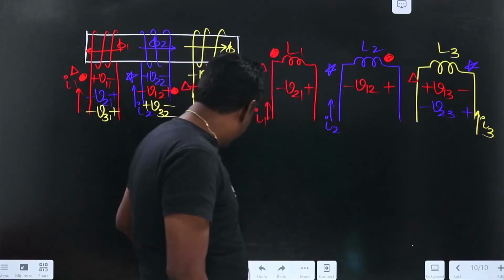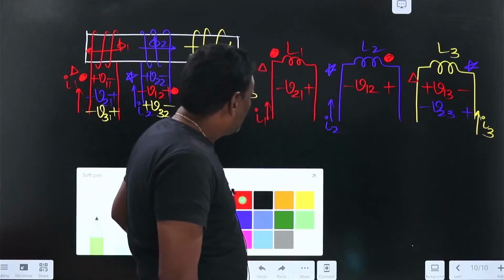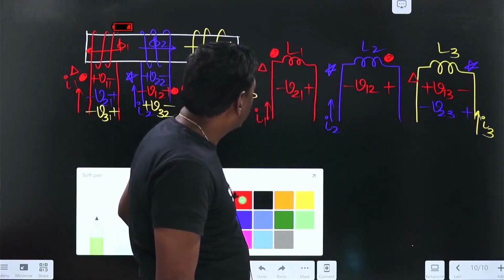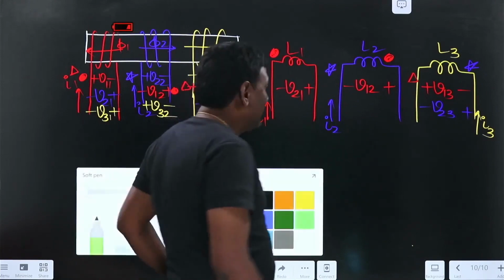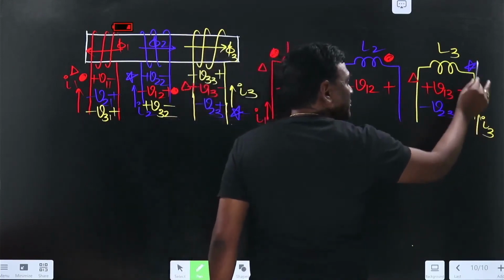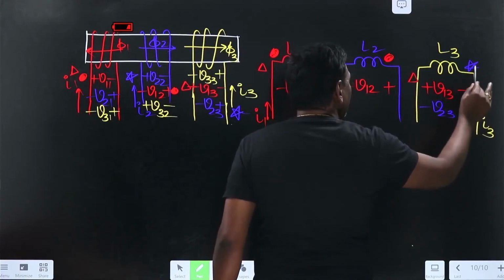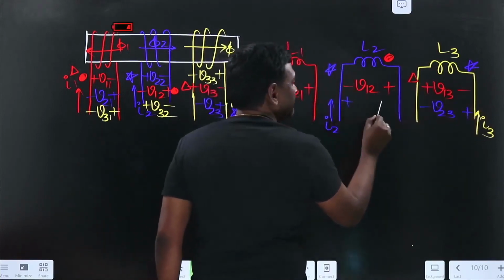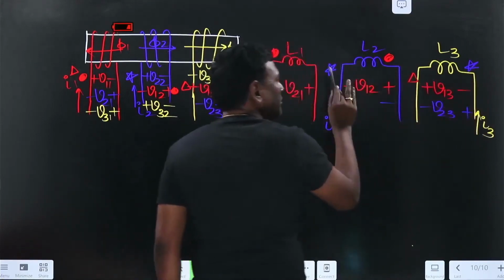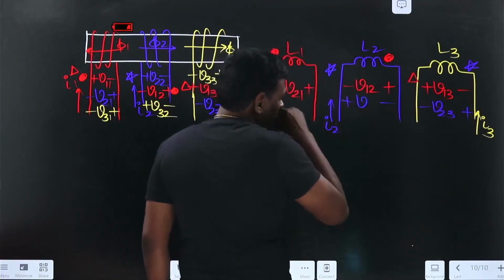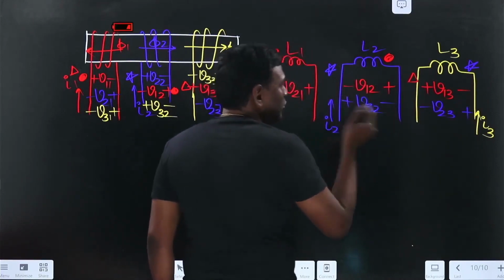Now let us think of I3. Now I3 is entering into star, so this star should be positive, so this is going to be V because of 3 in 2.